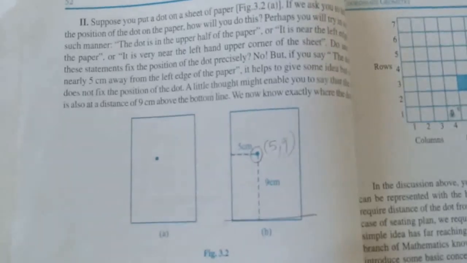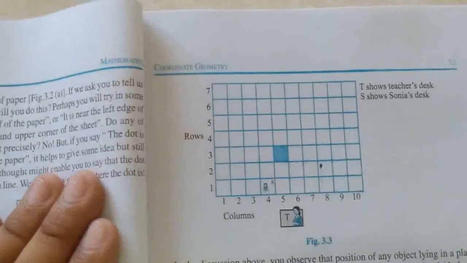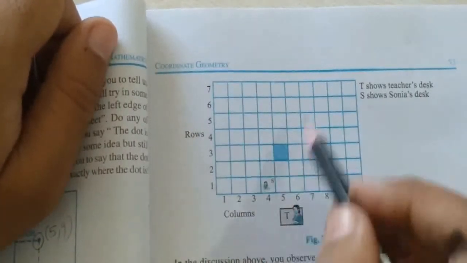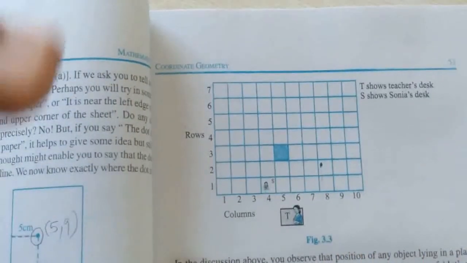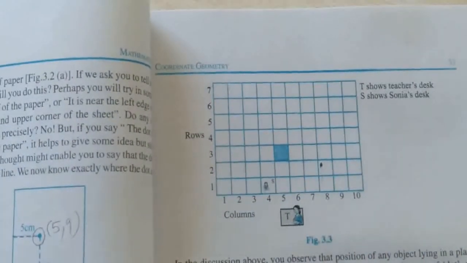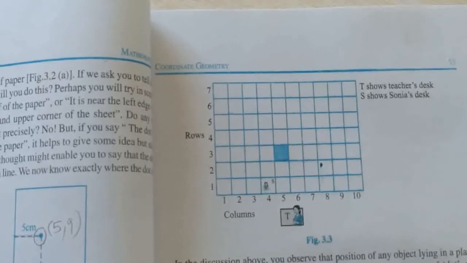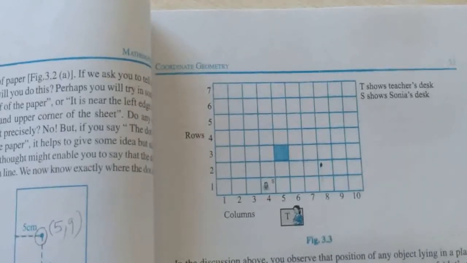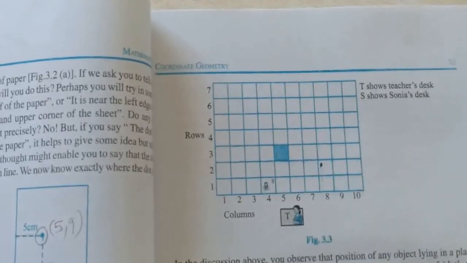Now the next activity is given, the sitting plan. In this, different rows and columns are given. So rows are 1, 2, 3, 4. These all are rows, and these are the columns. So where the student has to sit, the particular place of the given student is given.